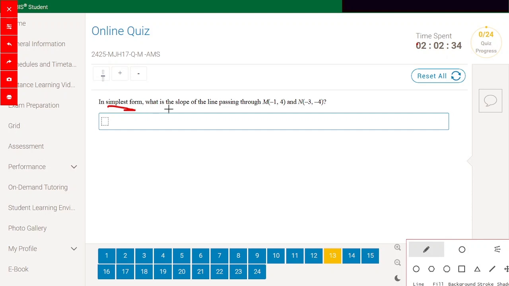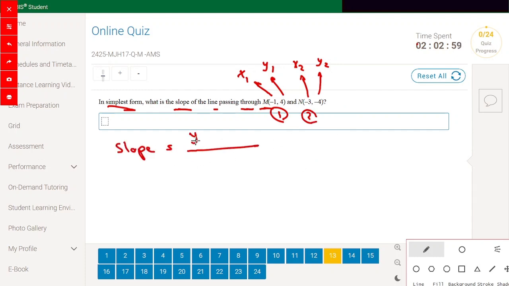In simplest form, what is the slope of the line passing through m minus 1 and 4 and n minus 3 and minus 4? Minus 1 here is x1, 4 is y1, minus 3 is x2, minus 4 is y2. This is point 1, this is point 2. So the slope is equal to y2 minus y1 divided by x2 minus x1.